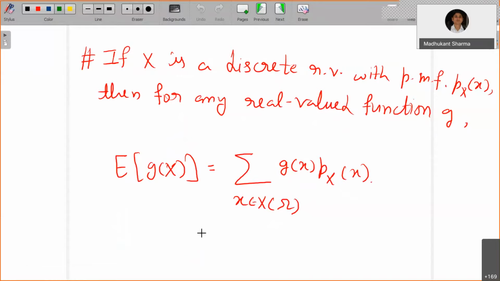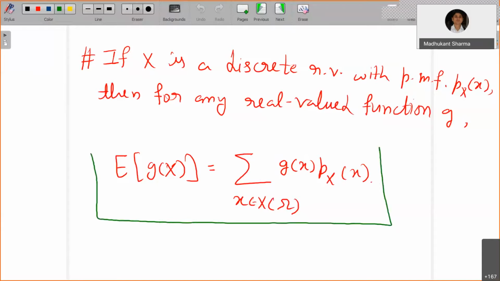So we are now in a position to define this. If you have been given a function of a random variable x, then you can straightforwardly write the following formula for the discrete case. Instead of x times p_X of x, you replace it by a function of x, that is g of x, like we replaced x cube and x square.